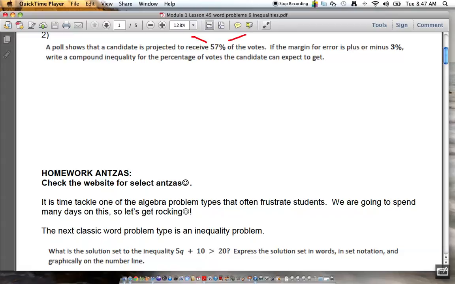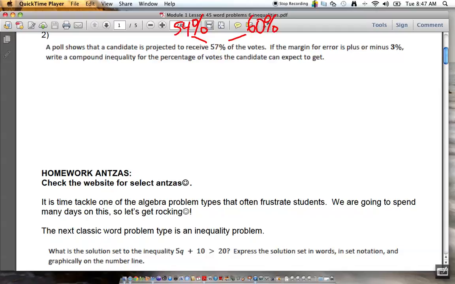So if I'm 3% less than 57%, what percent is that? 54%, good. And if it's 3% more than 57%, what percent is that? 60%. The first thing is that we would normally express our numbers as decimals, not as percent. It says here, write a compound inequality, and that's one of the things we're going to talk about today.